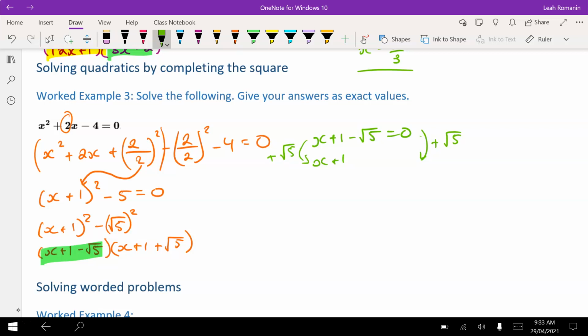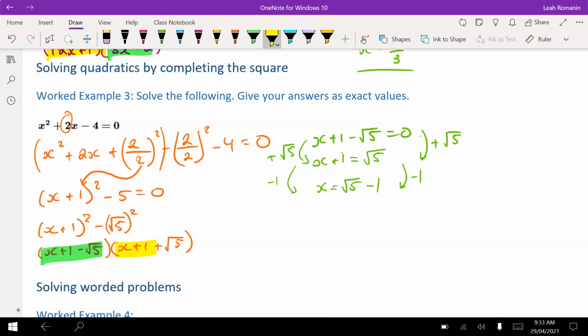They're just for you to follow along with me. So x plus 1 is equal to the square root of 5. And then I'm going to minus 1 from both sides to get rid of this positive 1 over here. So then I'm going to have x is equal to the square root of 5 minus 1. So that's one of my solutions. You're not always going to get a nice, neat solution without a surd. Sometimes you are going to get a surd.